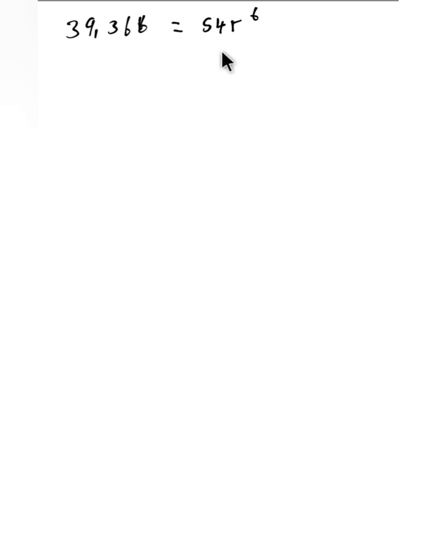Now to get r, we need to divide both sides by 54. So 54 cancels 54 here. 39,366 divided by 54 is 729, and this gives us r raised to the power 6.